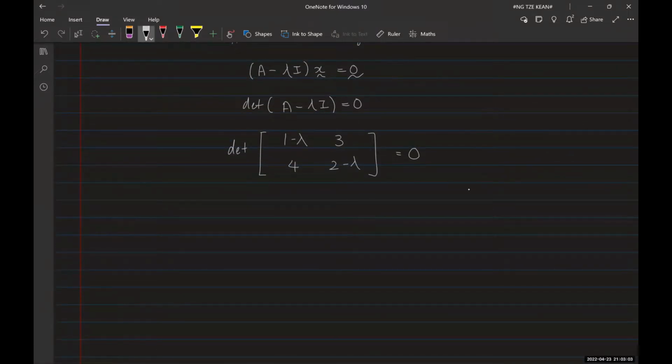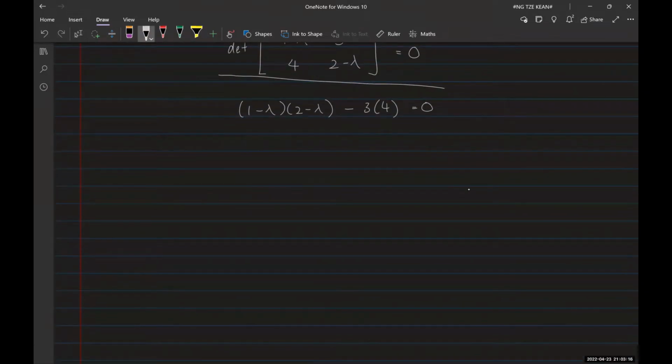To solve for this, we get (1 minus lambda)(2 minus lambda) minus 3 times 4 equal to 0. If we solve this equation, we will get lambda squared minus 3 lambda plus 2 minus 12 equal to 0.